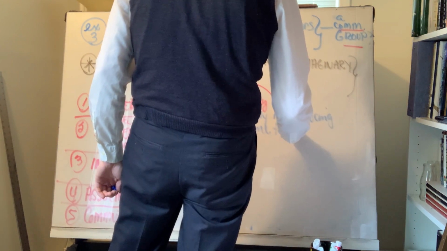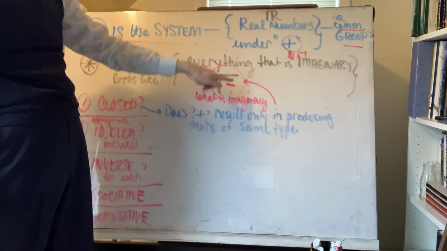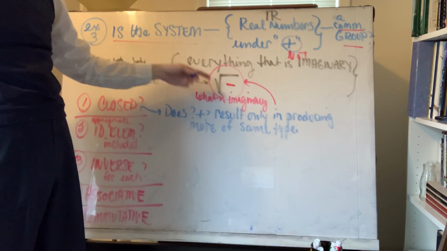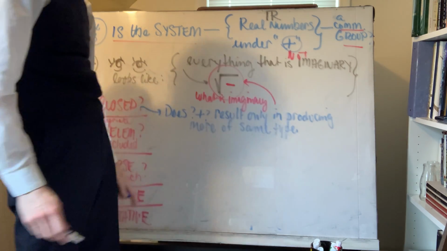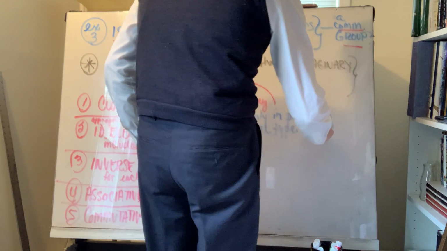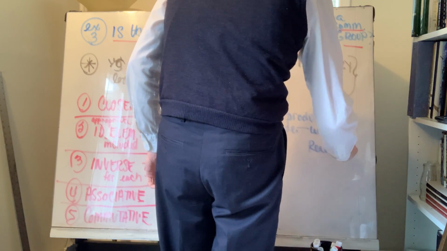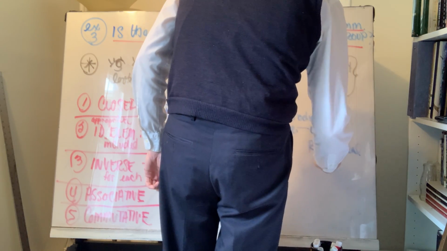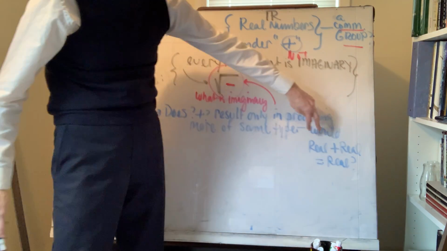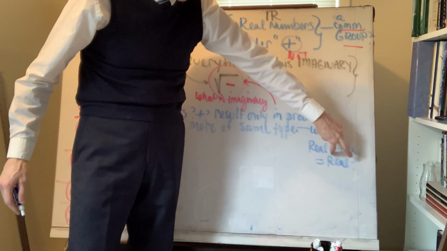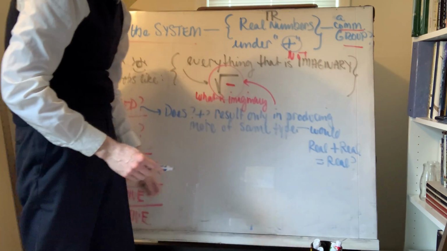Now, if the type of element is that you're dealing with virtually everything that's not imaginary, would adding real numbers produce more real numbers? Would adding real to real equal something that is real? That's essentially the question. Does adding real numbers ever produce an imaginary number?